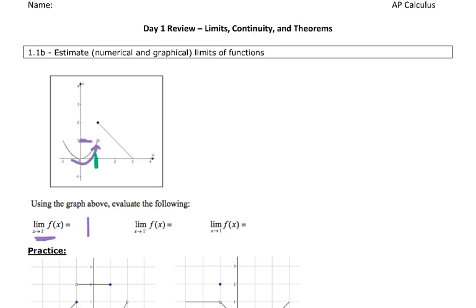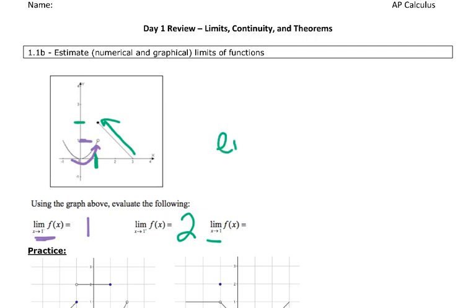If we approached from the right, we are approaching positive 2. So the limit from the right is positive 2. And if we're looking at just the limit overall as x approaches 1, the limit has to be the same from the left and from the right.